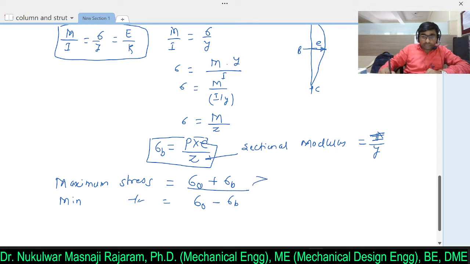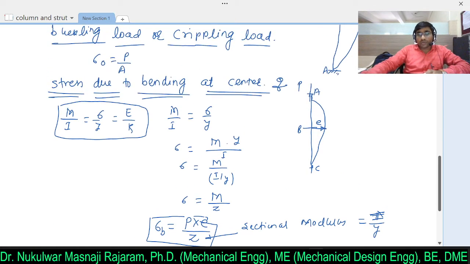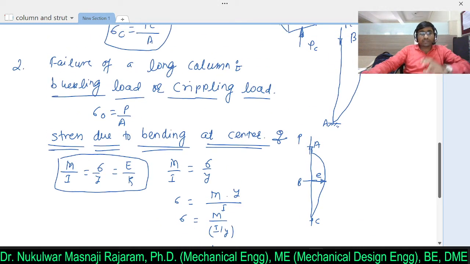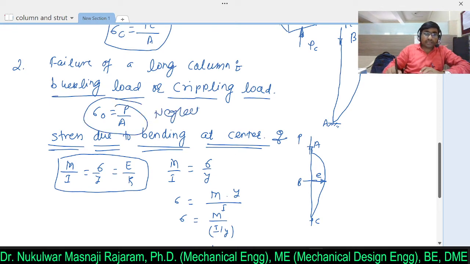So this must be greater than the crushing stress. But in the case of a long column, the direct compressive stresses are negligible as compared to the buckling stresses. Hence, a very long column is subjected to buckling stresses only. When you apply a force, it will start to buckle. It will not take direct loading. So whatever this particular stress is, we neglect it.